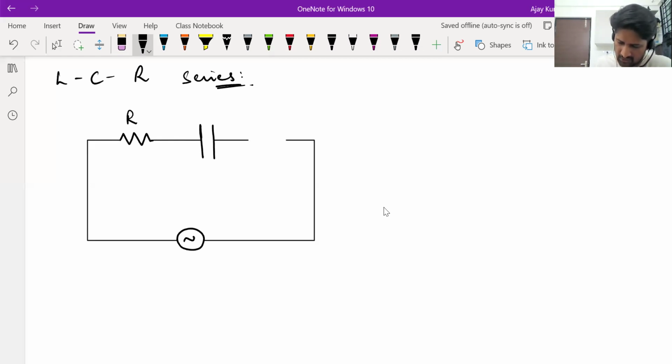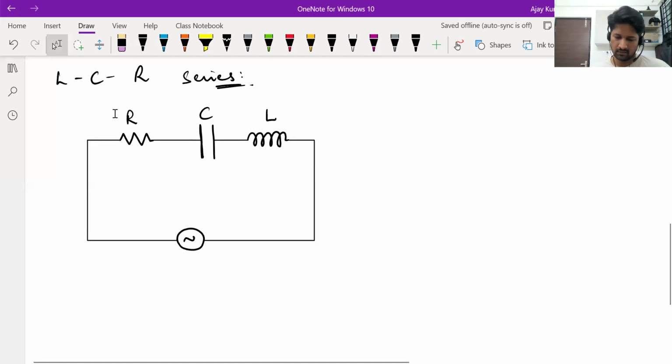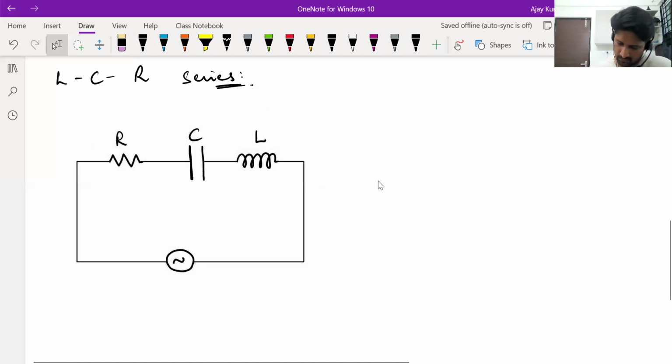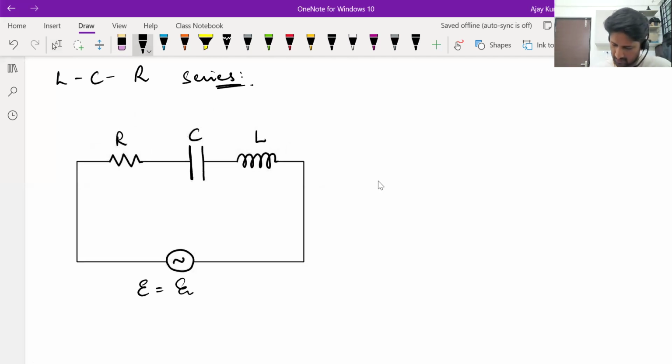Order is not important, whether it is LCR or RCL or CLR. Assume the EMF equation is known to us, E naught sine omega t.